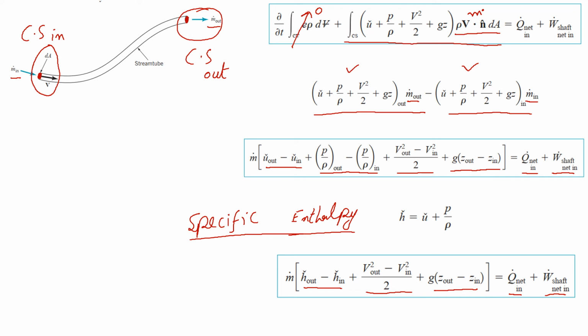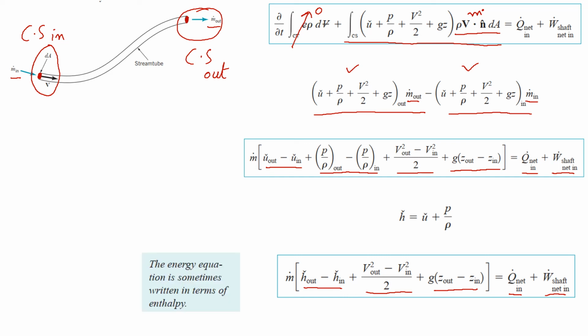So this is our final form of the energy equation if we want to write it in terms of enthalpies. And sometimes we will like to write our energy equation in terms of enthalpies to apply it on particular scenarios that we will see in the coming example.